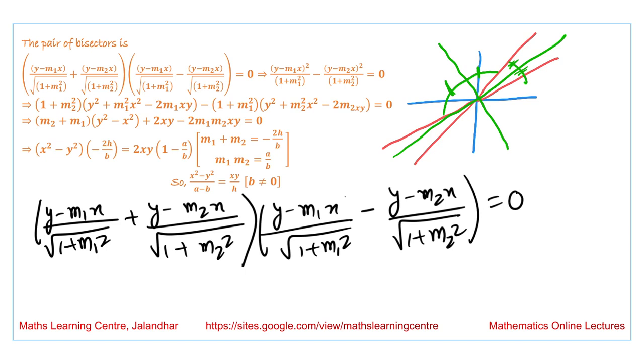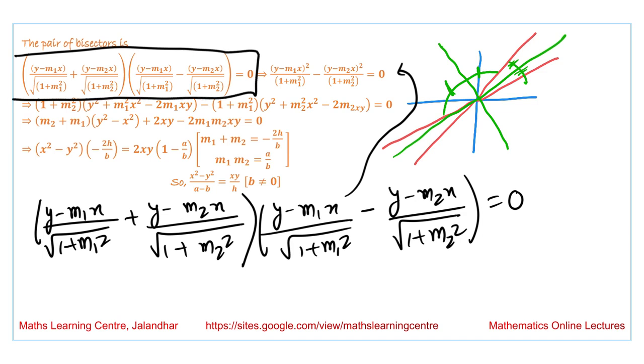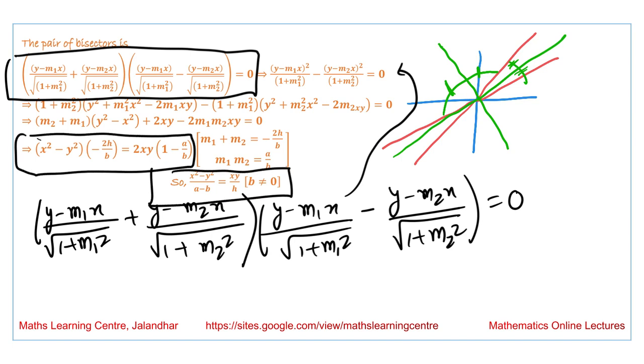When we take the product of these two terms, these calculations are shown over here. This is the combined equation of both these lines. When you solve these equations, you will obtain the final answer in this form, that is (x square minus y square) over (a minus b) is equal to xy over h. So this is the combined equation of the two angle bisectors.